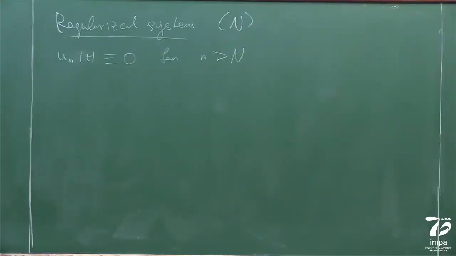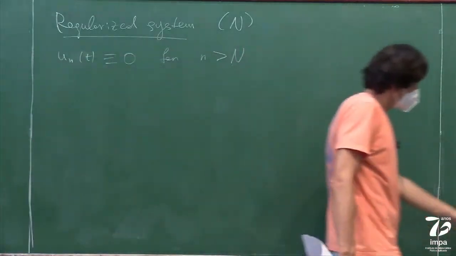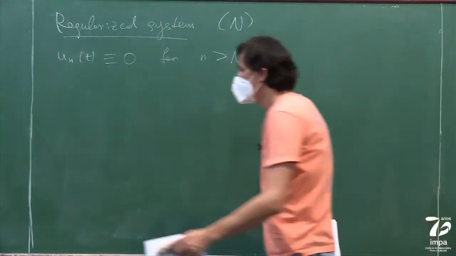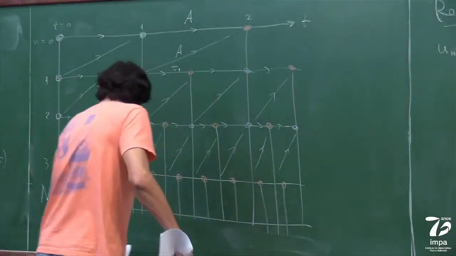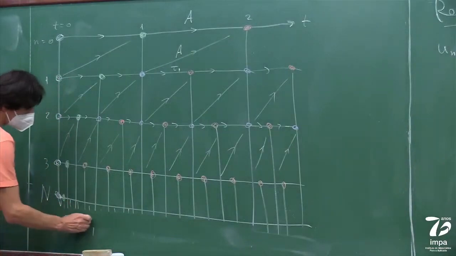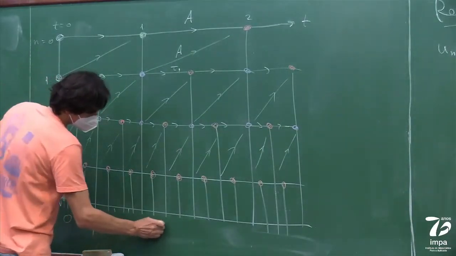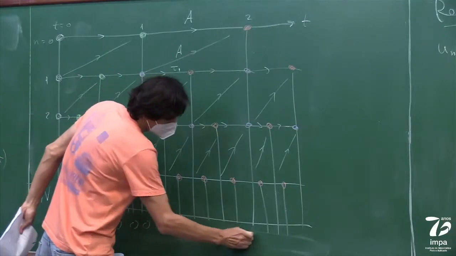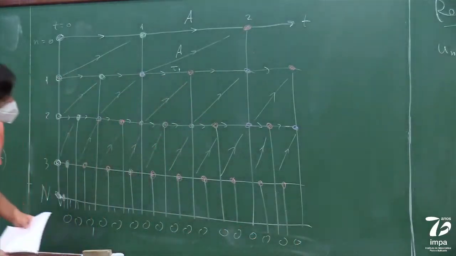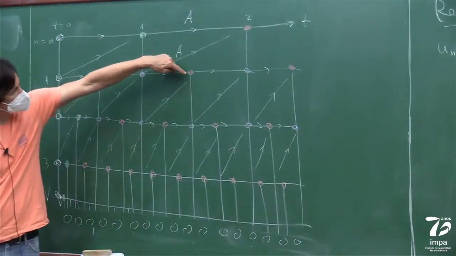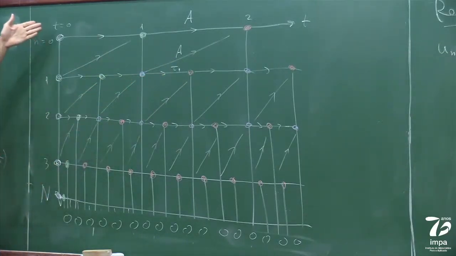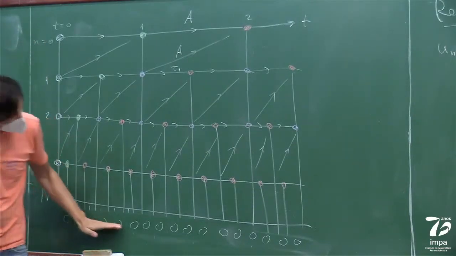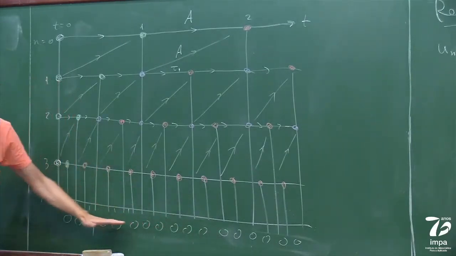So in other words, what we do is we put 0 here. Everything below is 0. In this case, whenever you want to compute anything at each point, you follow different trajectories, and you either hit the initial condition line, then you know the value, or you hit the N plus 1 line where it's 0.